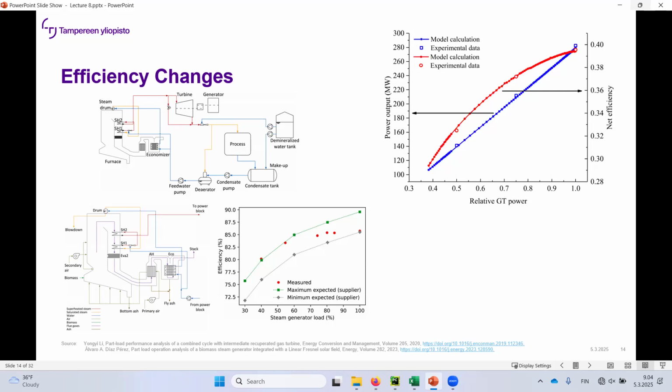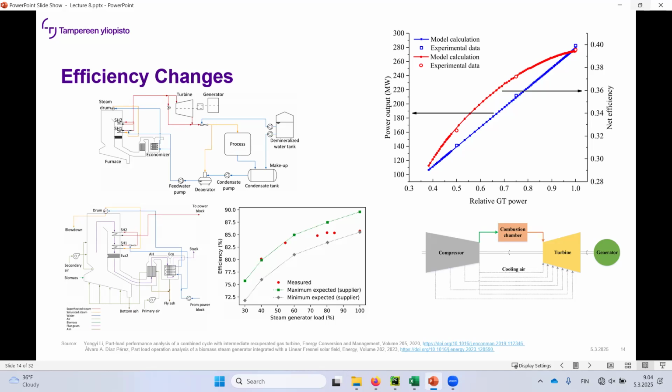And what usually happens with power plants or this energy production is that when you operate the system at partial loads, it means that the efficiency decreases. So this is, for example, a gas turbine. So open cycle gas turbine: compressor, combustion chamber, turbine, generator. And there's cooling air, by the way, being put to the turbine so that the blades don't overheat.